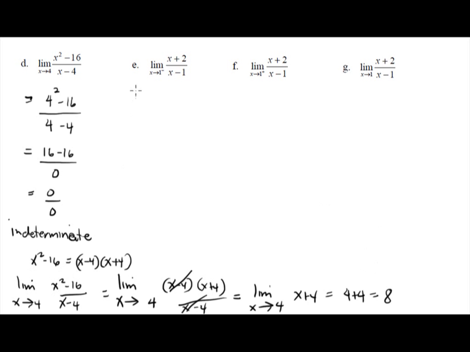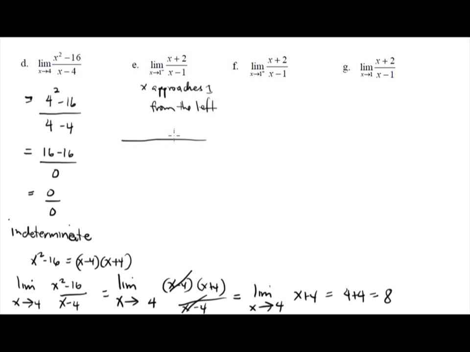Now for letter E, unlike letter D, if you look at E and F, E has a 1 with a minus sign on top, and on letter F you have 1 with a plus sign. So what do these signs mean? The 1 with a minus symbol means you're getting the limit as x approaches 1 from the left.